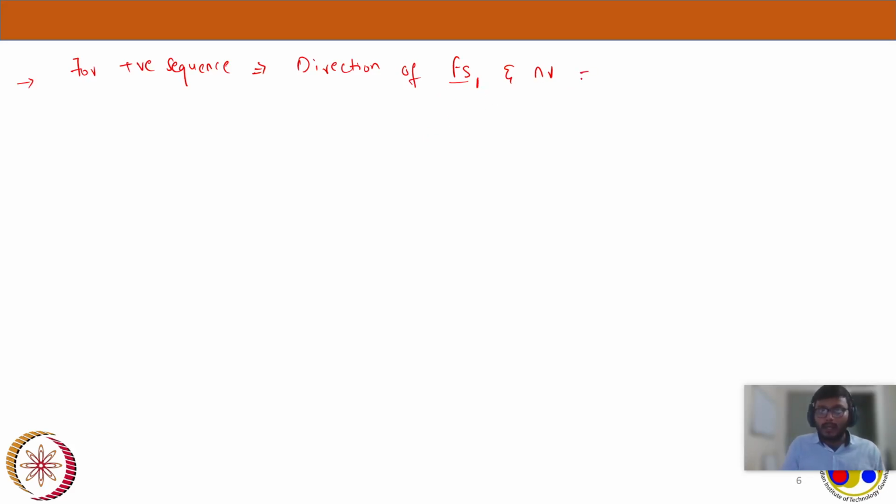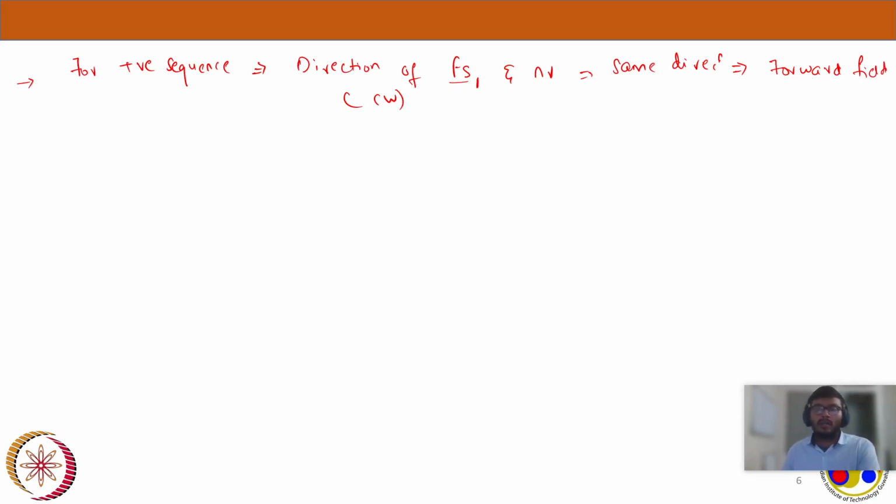So both are in the same direction. So here the direction is clockwise, and I'm naming it as the forward field.